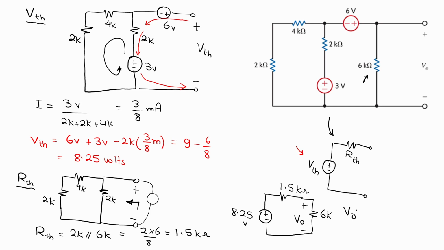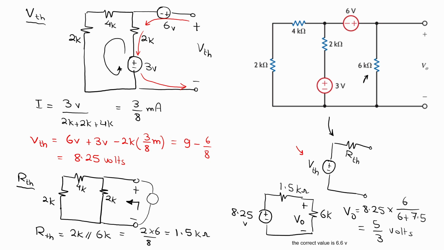So V naught is equal to 8.25 times 6 over 6 plus 1.5. The value of this voltage is 5 over 3 volts.